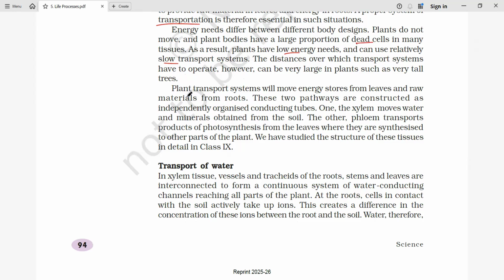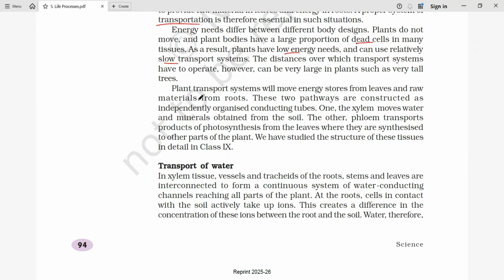When we have more dead cells, there is slow transport. Distance also makes a major effect here: compared to a small plant, transportation in a large plant will be a little slower.